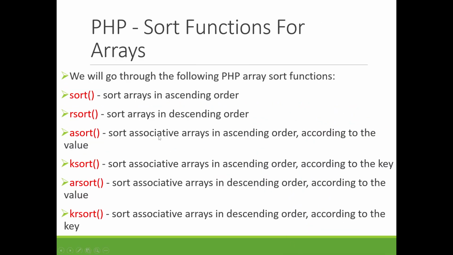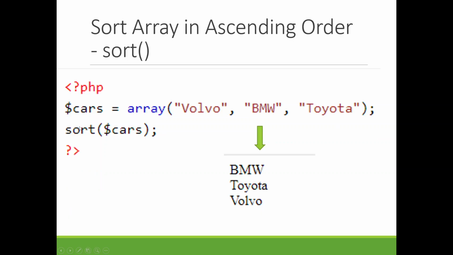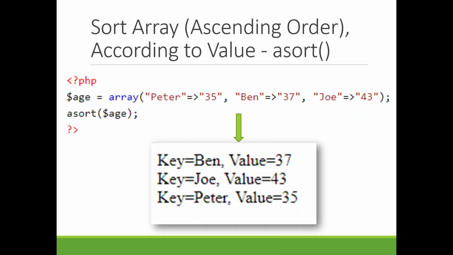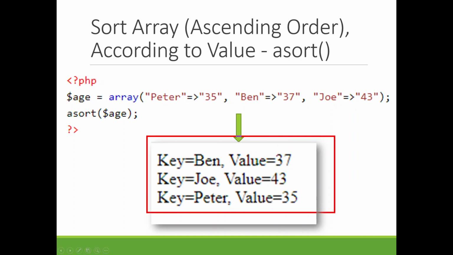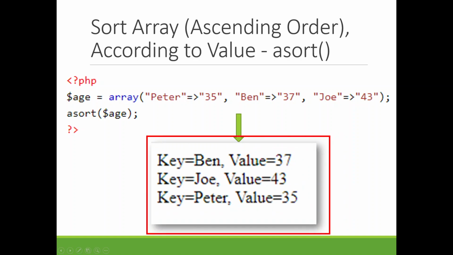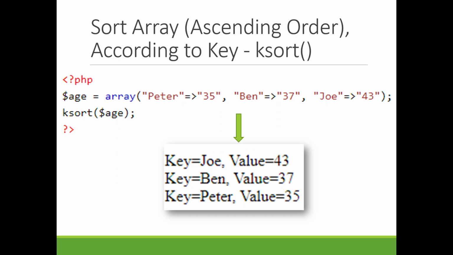Asort: sort associative arrays in ascending order according to the value. It's supposed to be according to the value. Asort ascending. So even this one is wrong. Even this screenshot is wrong. Sorry about that. Because it's supposed to sort according to the value in ascending order. So 35 is supposed to be the first one, then 37, then 34, and then 43. So that example is also wrong.